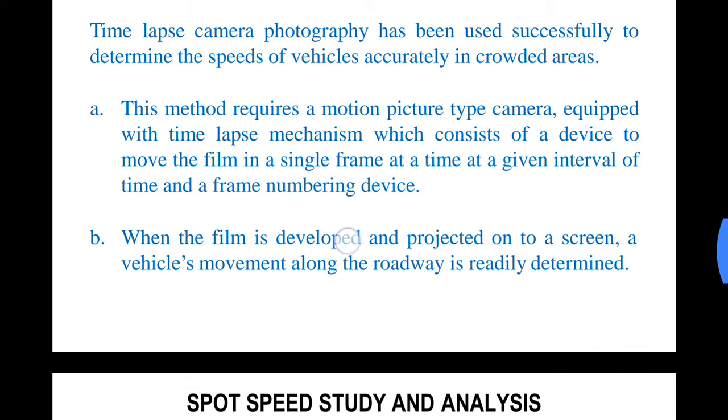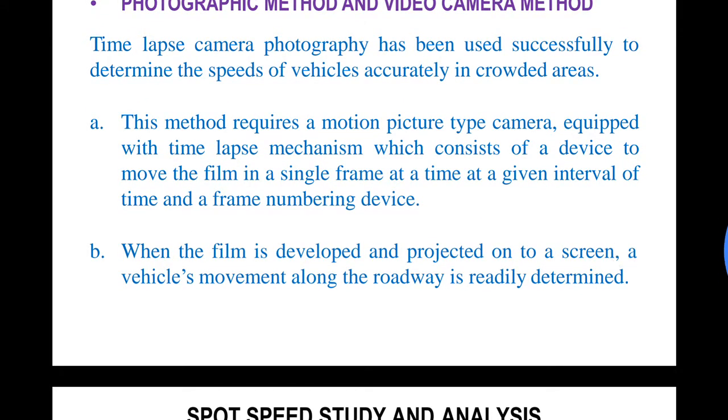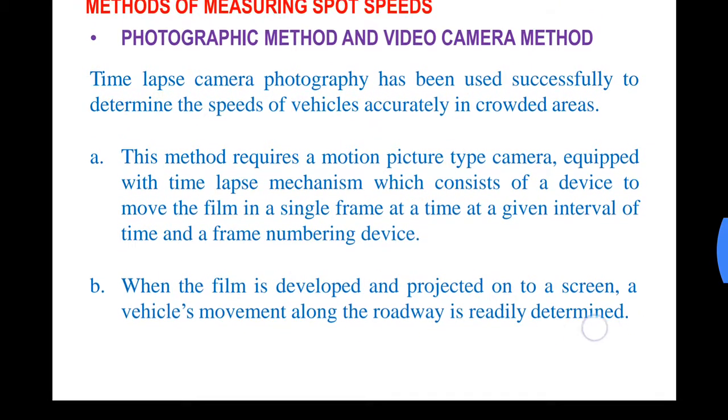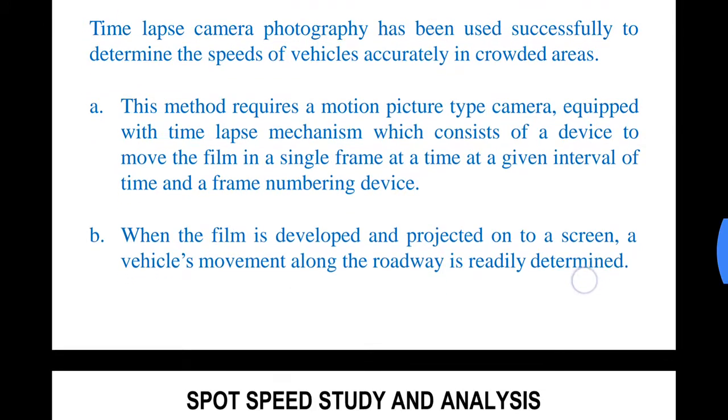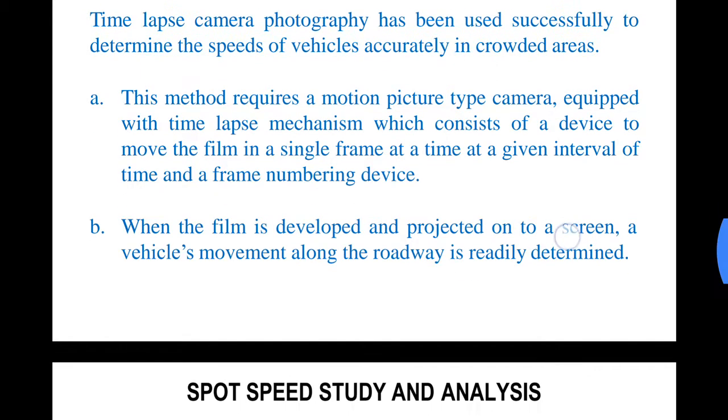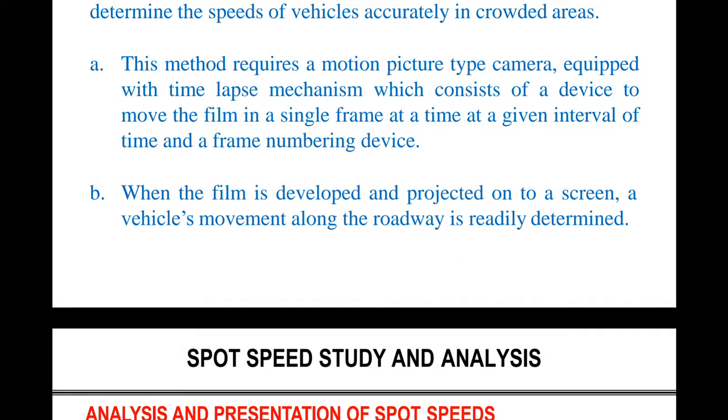When the film is developed and projected on a screen, a vehicle's movement along the roadway is readily determined. So here we use time-lapse photography, and we can also record videos in order to find out the speed.